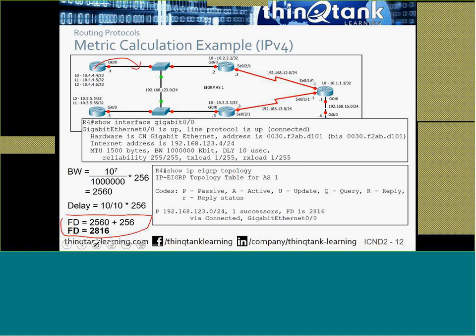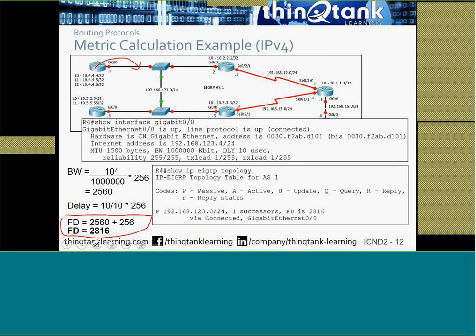But specifically why? Because connected routes have a lower administrative distance than EIGRP routes. Connected routes have an administrative distance of 0. EIGRP has an administrative distance of 90.